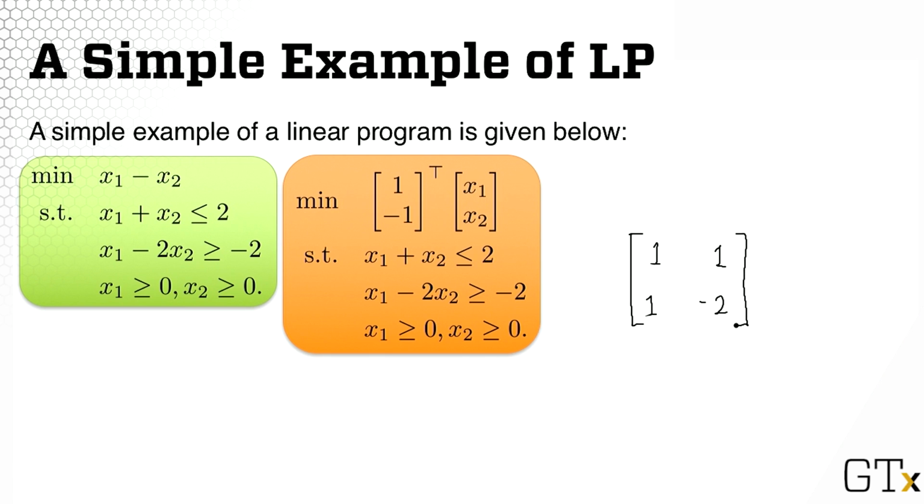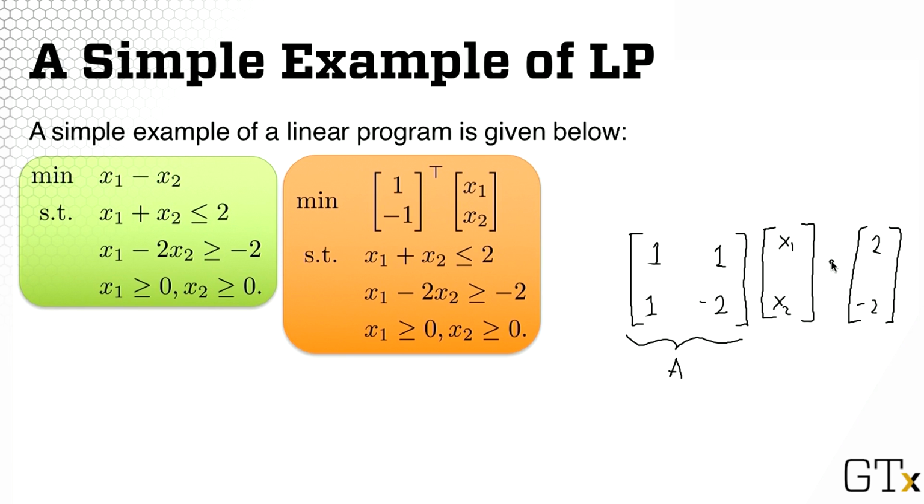So this is a matrix, and of course, I have matrix times vector, which is my variable. That matrix, we usually call the A matrix. And you see that here, on the right-hand side, I'm going to have 2 and negative 2.